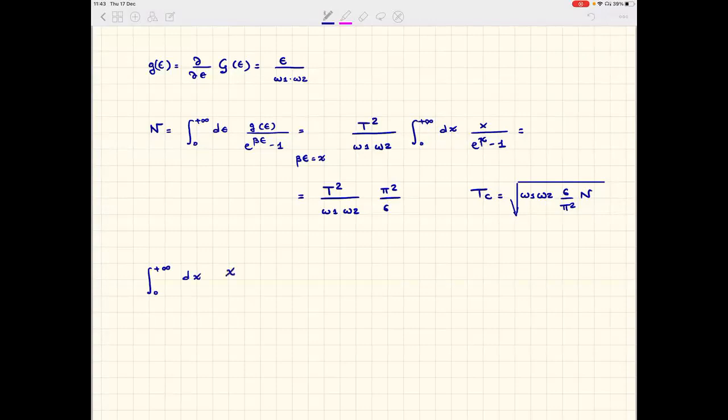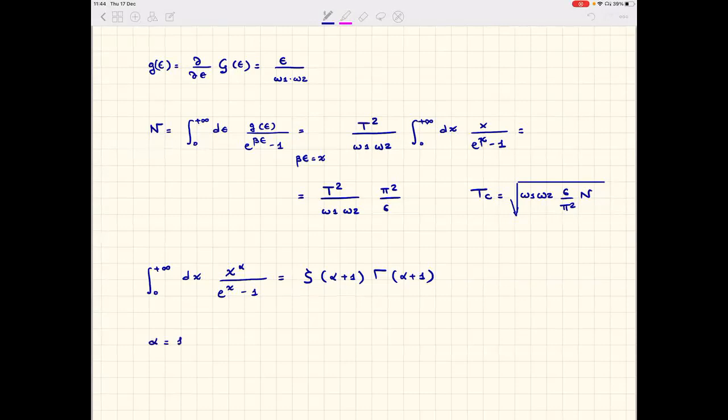In general, if you have an integral of x to the power alpha divided by e to the x minus 1, then this integral is equal to the Riemann zeta function at alpha plus 1 times the gamma function at alpha plus 1. So now here you have alpha equal to 1.